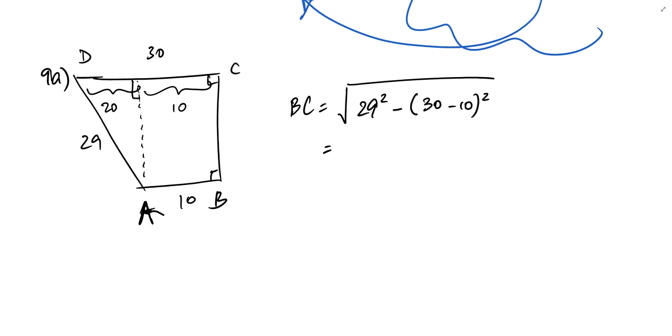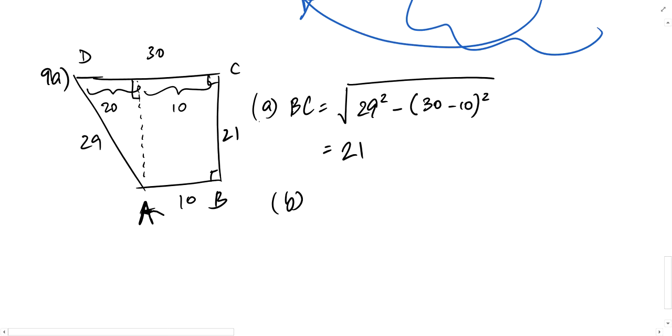How can it be 441? It is 21. Do all of you have that? No need to write by Pythagoras theorem. This is okay. So this being 21, let us now do part B.